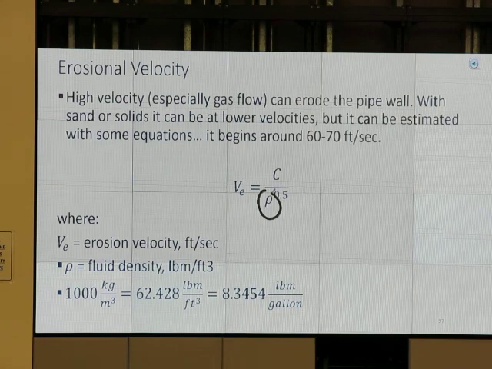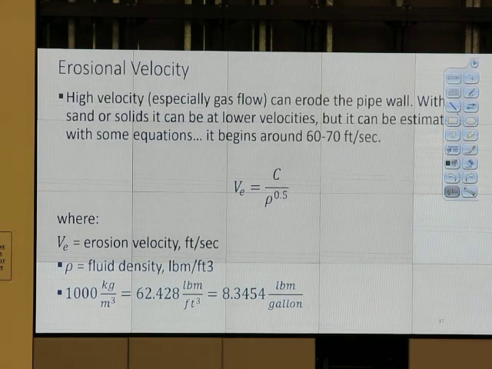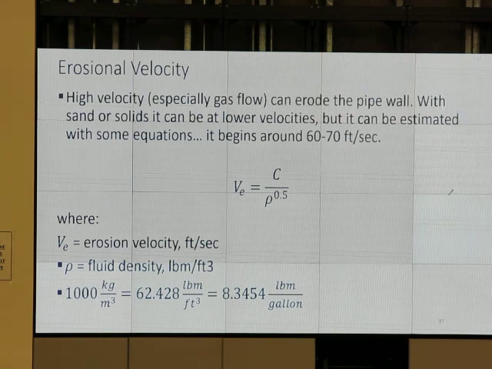It's the density of gas. Is that the density at the standard condition? No. I try to trick you every time. It's not the density at the standard condition. It's the in situ condition. If it is high pressure, it's more dense. So let's say it's high pressure.